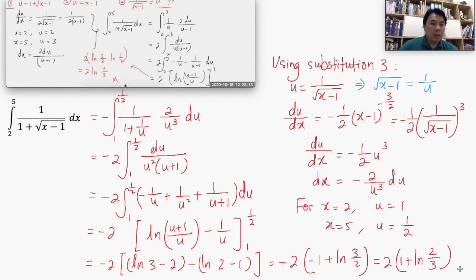And then here again, we got the same answer as the 2 substitutions method. So therefore, we can conclude that the choices of substitutions are all feasible, and we are able to reach the same conclusion. And if you compute it using a machine, you can also verify that the answer is exactly the same.